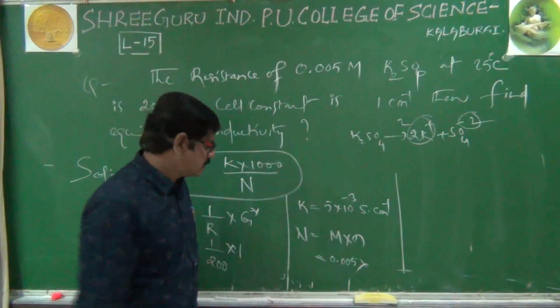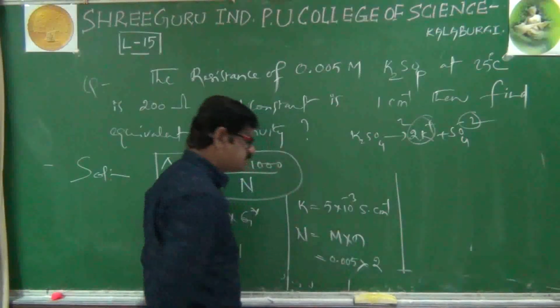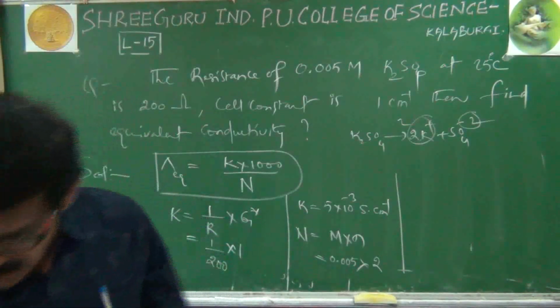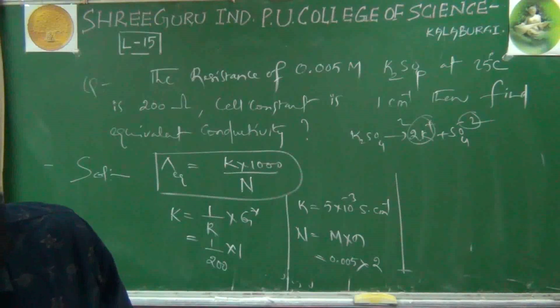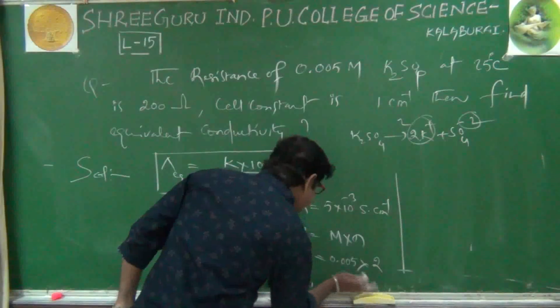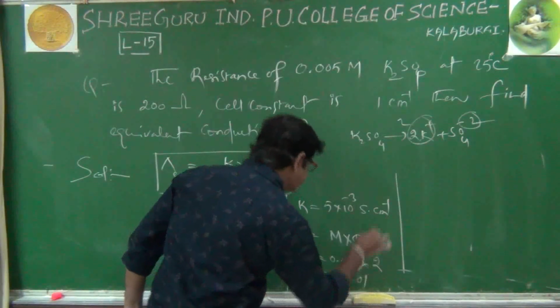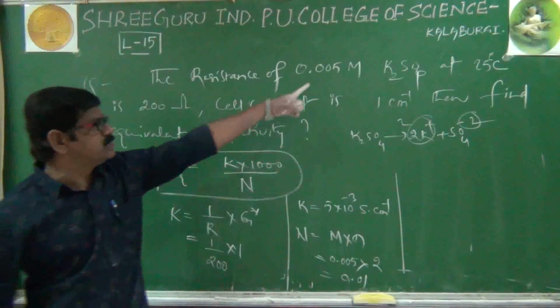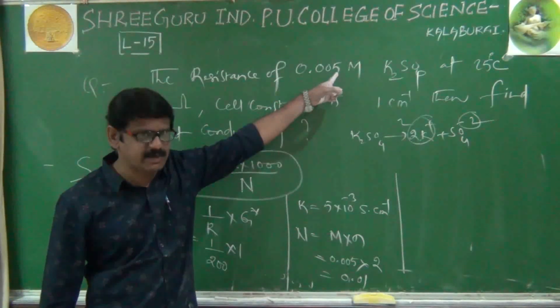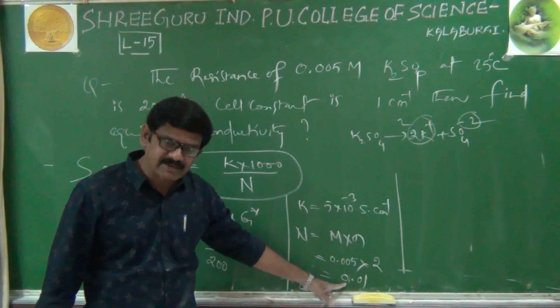Valency is 2. Therefore, 0.005 into 2. If you multiply, you will get 0.01. 0.01 is the normality. Don't use molarity value in the formula. We have to use normality value only.